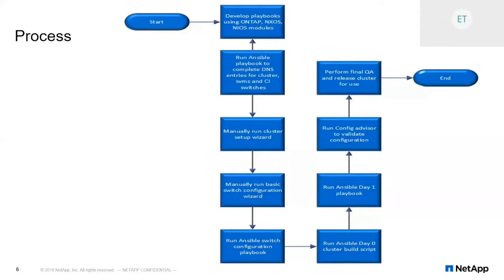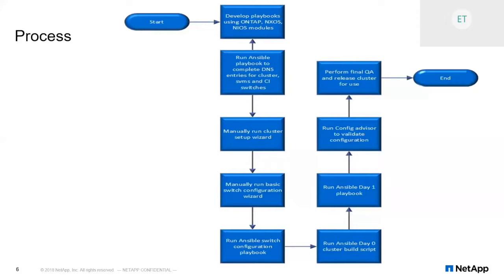Once I've developed all my playbooks based on what I just ordered, I can run the first playbook, which is going to create all of my DNS for all of my cluster management, for all of my SVMs, for all of my cluster interconnect switches. It's going to give me all of my IP addresses for all those things.